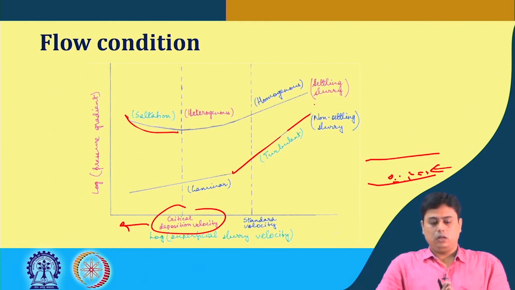So, by such a graph we can have the pressure drop information, which is basically related with the superficial slurry velocity. And this schematic also depicts the different regimes that are there in case of slurry transport.